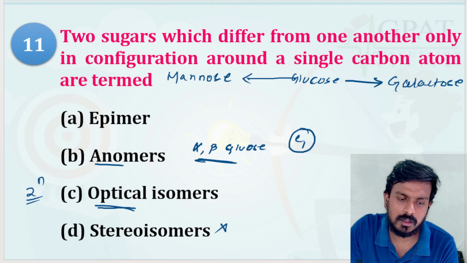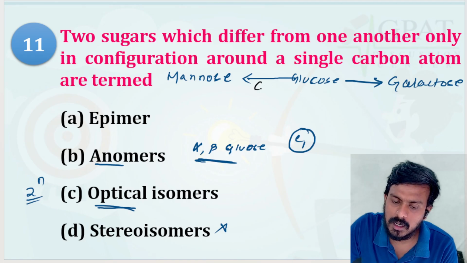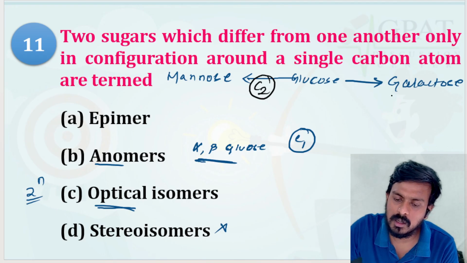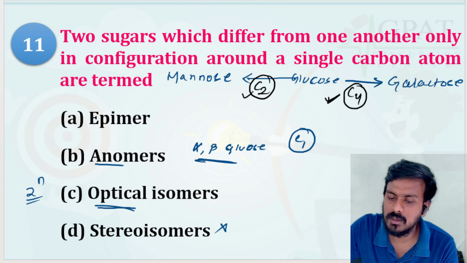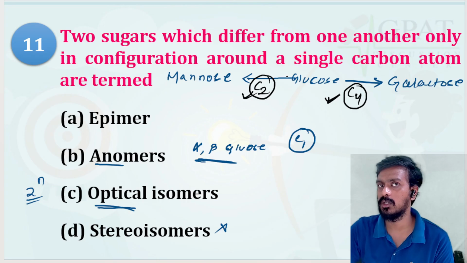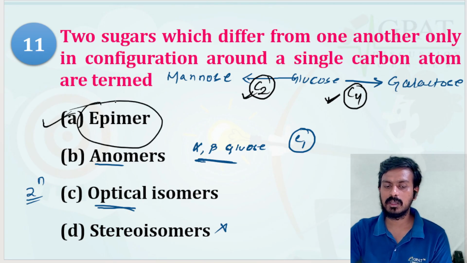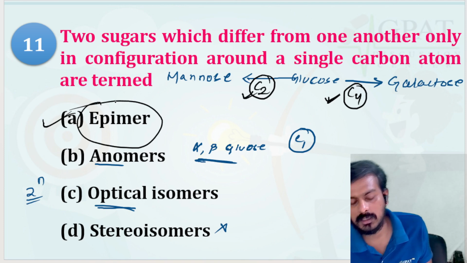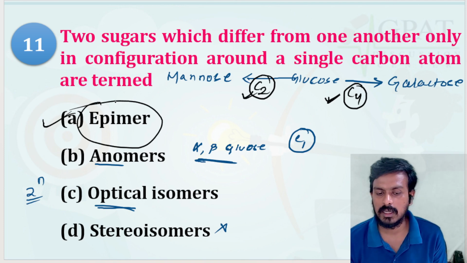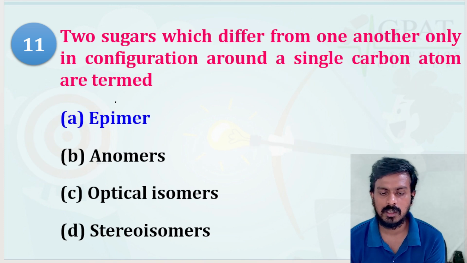So what you have to remember here is that glucose and mannose are C2 epimers, glucose and galactose are C4 epimers. C2 epimer, C4 epimer. In exams, questions are always asked on this. So please remember when two sugars differ from each other around a single carbon atom, then we call them epimers. Option A is the correct answer.